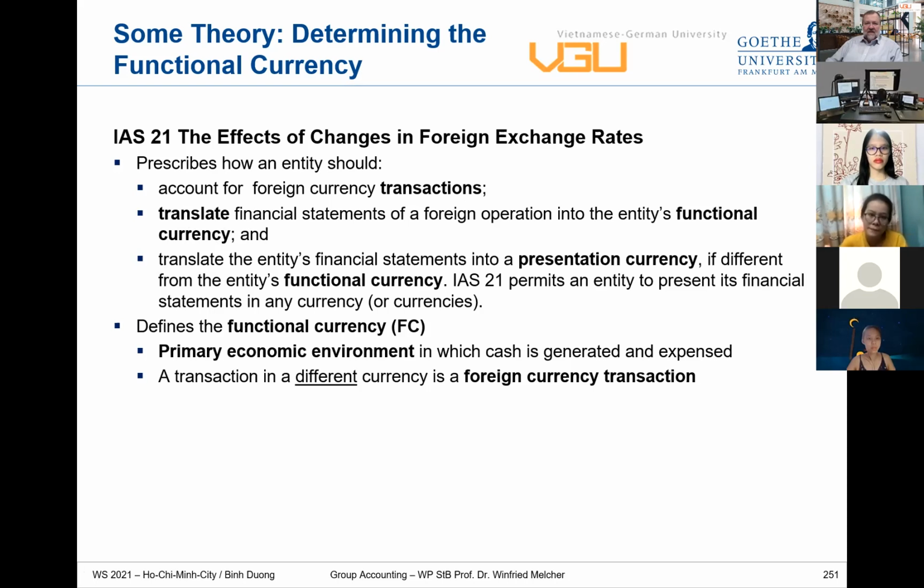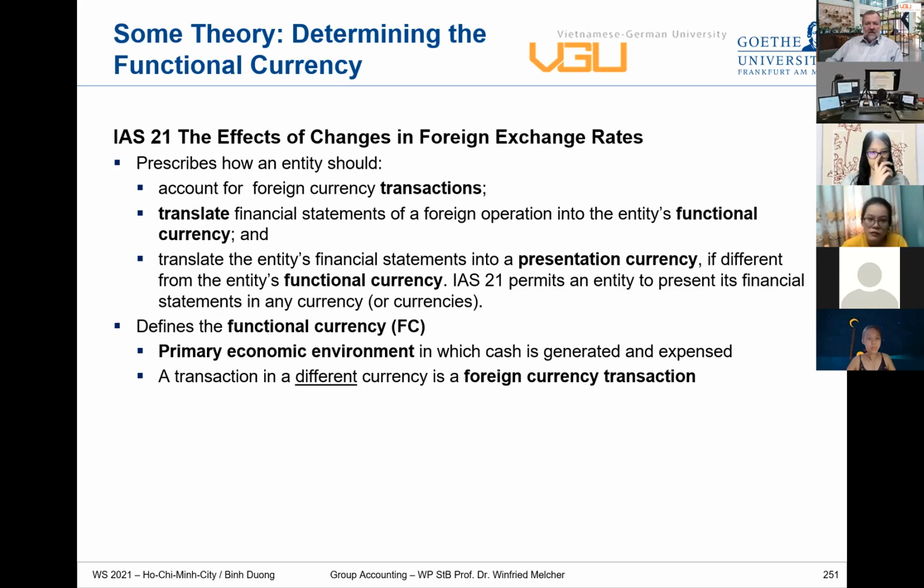Oops, functional currency. What is that? Local currency, functional currency, and reporting currency. So local currency, I think, is clear. Yeah, that's dong in Vietnam, euro in Europe, US dollar in the US, and basically that is the local currency where the company is based.